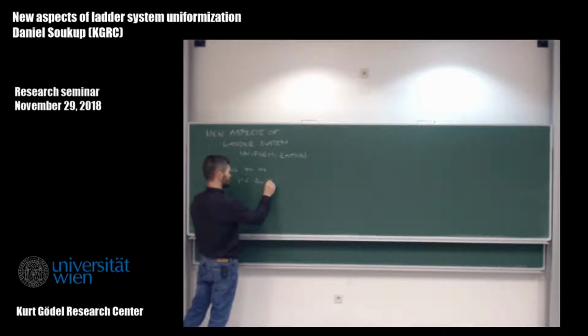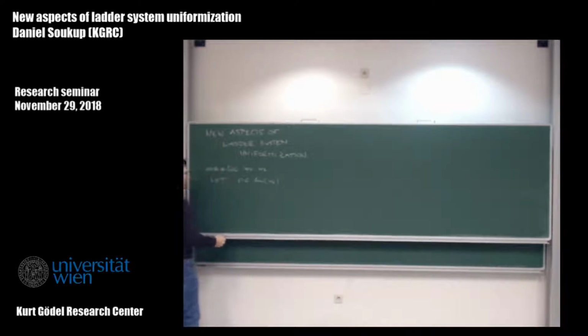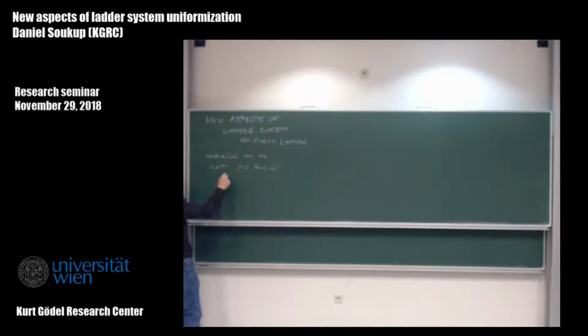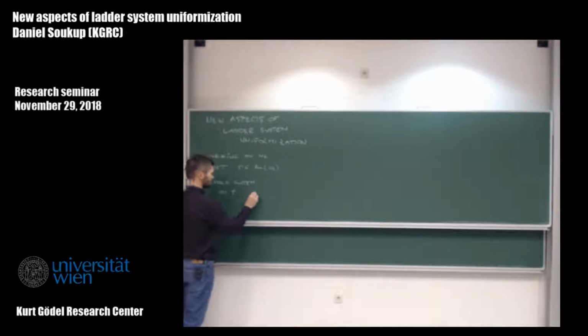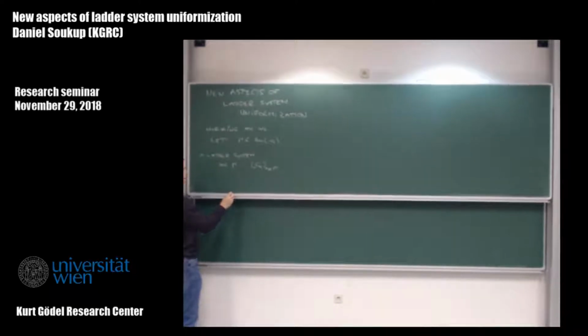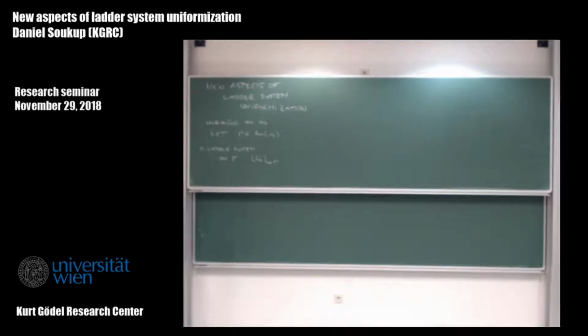This is where I'm going to take my ladder. So let's define a ladder system on gamma. Gamma is some set of limit ordinals. A ladder system on gamma is just a sequence of sets C alpha indexed by gamma, such that C alpha is a cofinal, type omega subset of alpha.